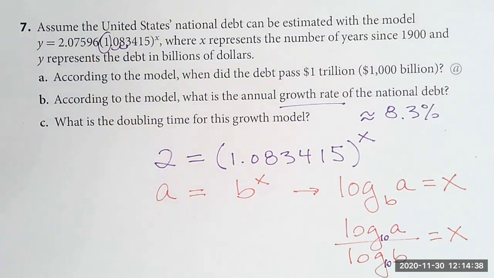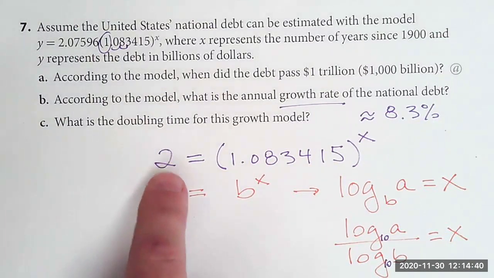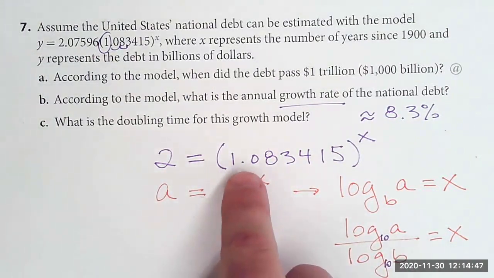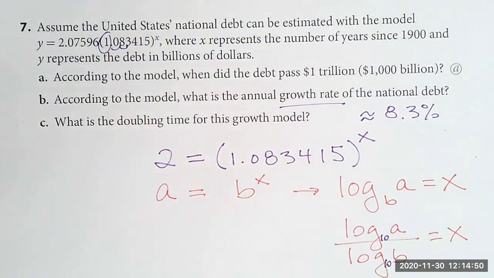And you should be able to find that log base 10 of 2 divided by log base 10 of this rate is approximately equal to 8.65. That's years. So every 8.5 to 8 3/4 years, 8 2/3 years, however you want to describe it, approximately is a doubling time.